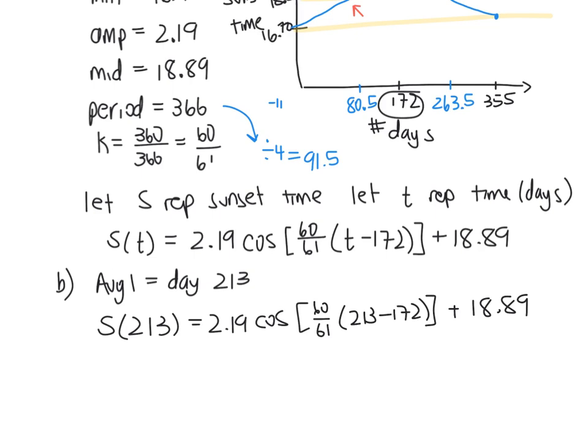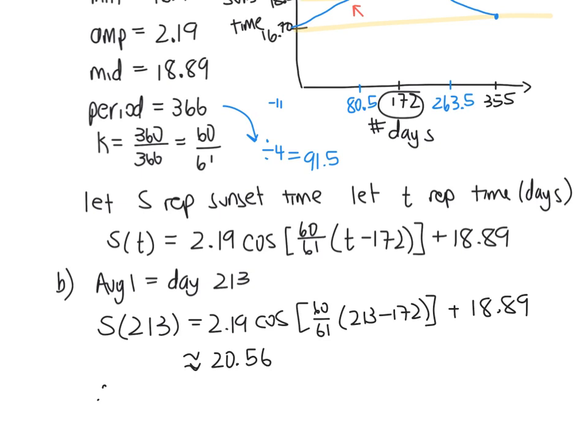And now when you plug this into your calculator, you're going to plug it in exactly the way you wrote it with all of those brackets, because if you miss a bracket, it's going to give you the wrong answer. So I want you to pause the video here and plug this into your calculator to see if you get the same thing as I do. So hopefully you got 20.56.